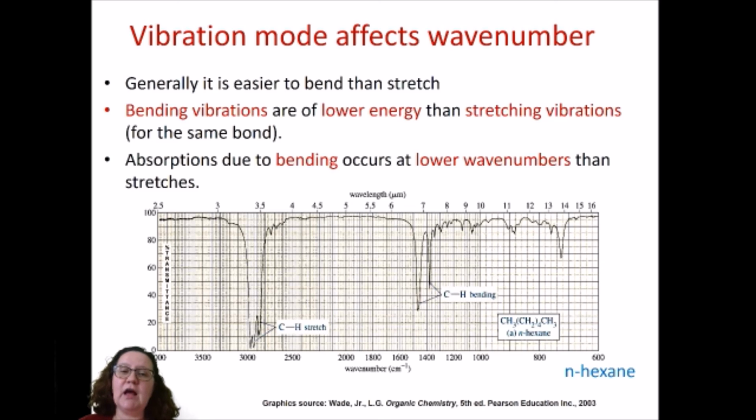So the bending vibrations have a lower energy, and they appear at lower wave numbers. So we've got, for example, here the infrared spectrum of hexane in transmission mode, and you can see that the carbon-hydrogen bending mode bands are smaller and at lower wave numbers than the bands corresponding to the carbon-hydrogen stretching modes.